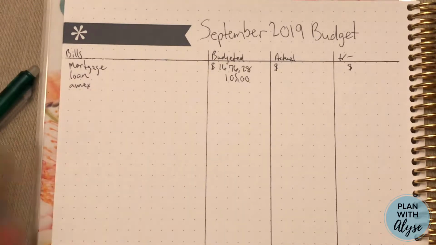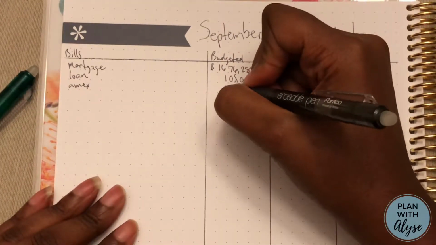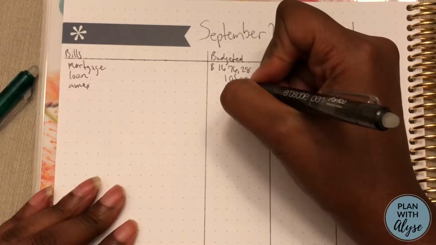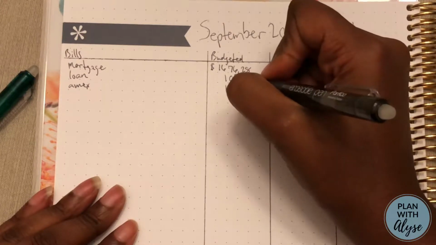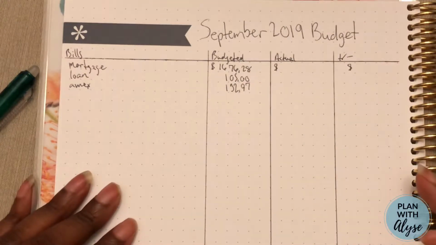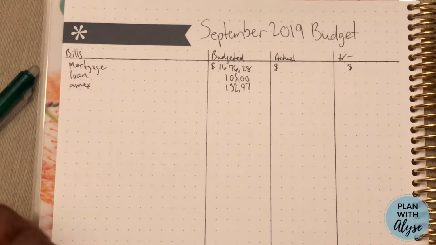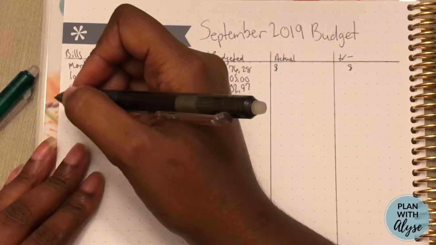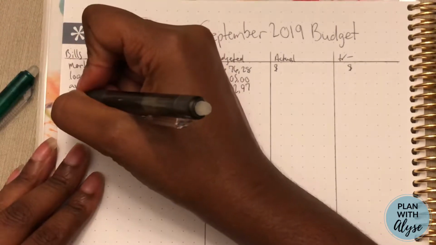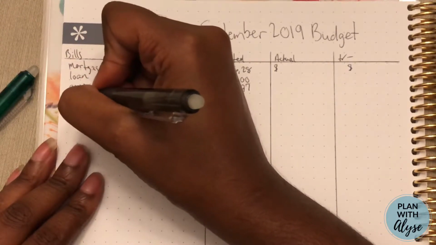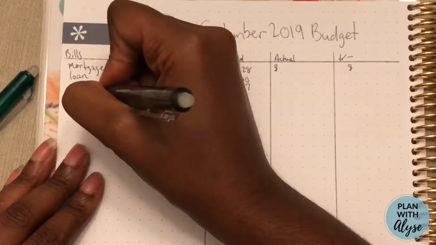Then we have our Amex card, which is $132.97. The actual card is only $35. And then we have a monthly, this new thing that they have, Plan It, Pay It, something like that, where you make monthly payments on a big purchase and it doesn't accrue any kind of interest or anything.